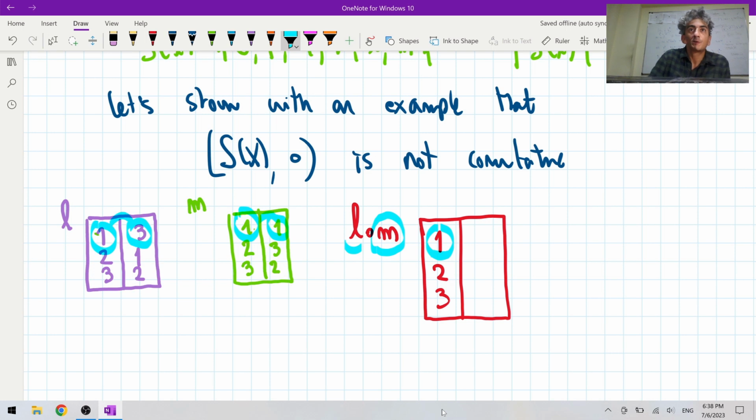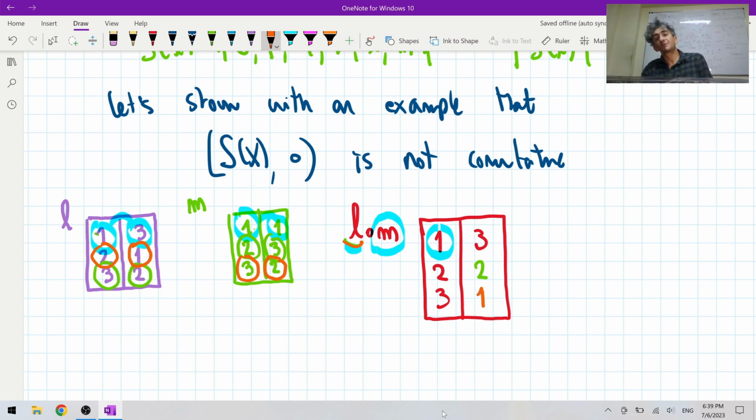So we have that 1 goes to 3. Now let's see what it does to number 2. So M takes number 2, produces number 3. Then L takes number 3 and gives back number 2. Finally, M takes number 3, spits out number 2. L takes 2 and spits out 1. So this is the effect of composing L with M in this order.